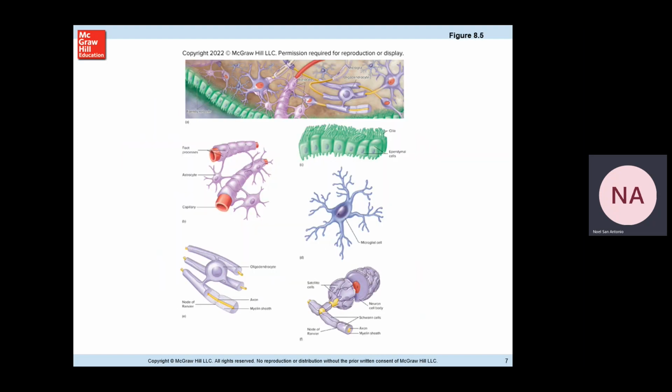When we say glial cells, these are the supporting cells of the nervous system. They do not conduct action potentials, but they enhance the conducting capacity of our nerve cells.